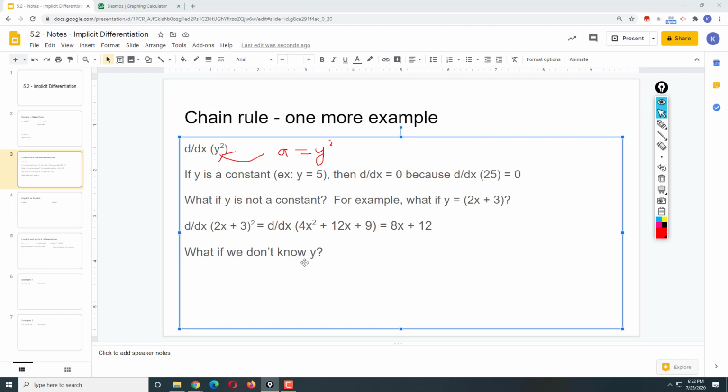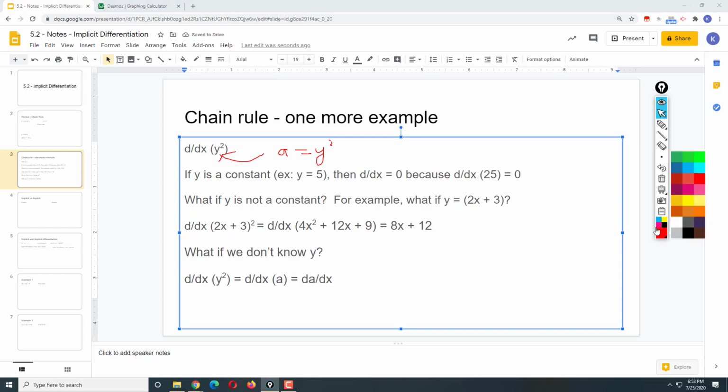Well, if a equals y squared, then d over dx of y squared is really equal to d over dx of a, which is dA over dx. So that's what we're looking for.